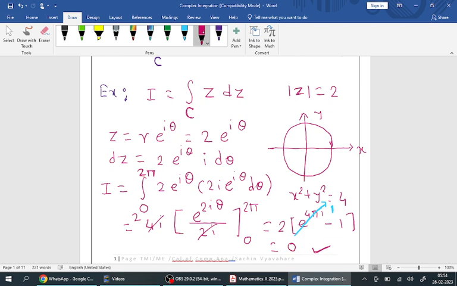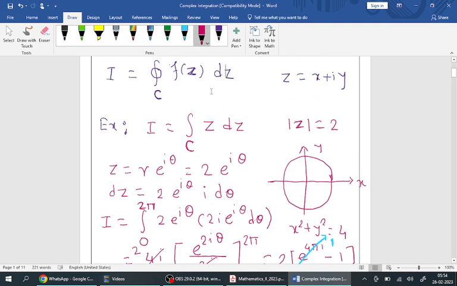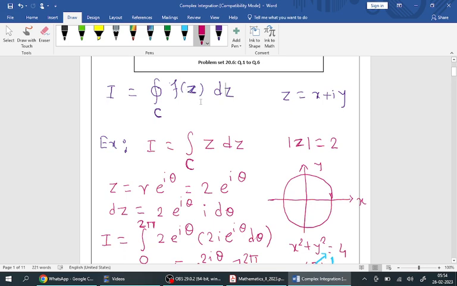So there are two theorems which we are going to use for getting the value of the integral, known as Cauchy's theorem and Cauchy residue theorem. The first theorem is the simplest, and says: now what is f of z here? f of z is z. We are evaluating the integral of f z dz.